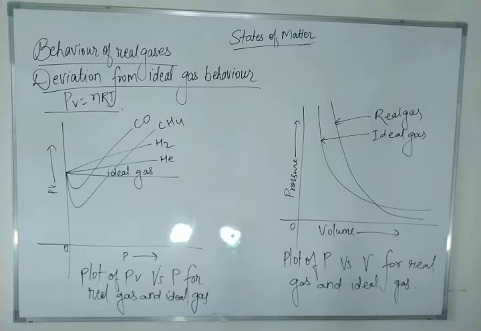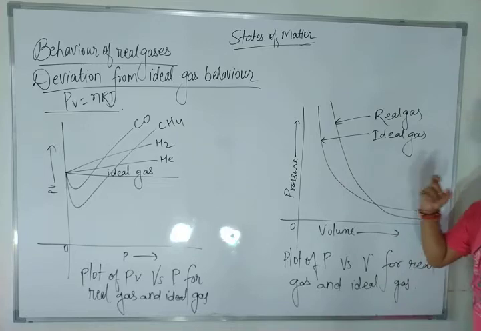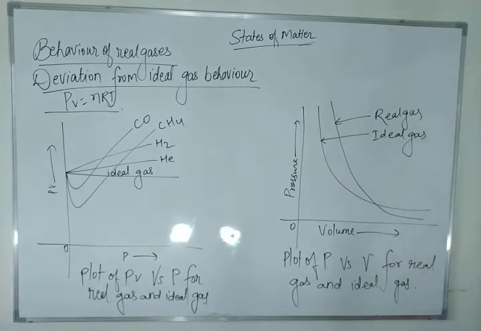Right? Now, the deviation from ideal behavior also becomes apparent when pressure versus volume is plotted. As you can see in this graph I have drawn, the pressure versus volume from experimental data and the theoretical values, when you calculate from Boyle's law or the ideal gas law.